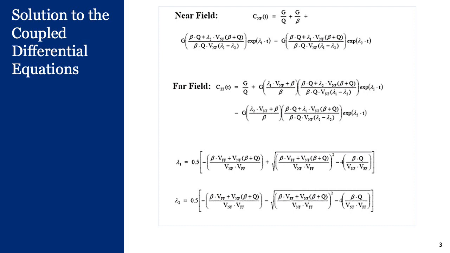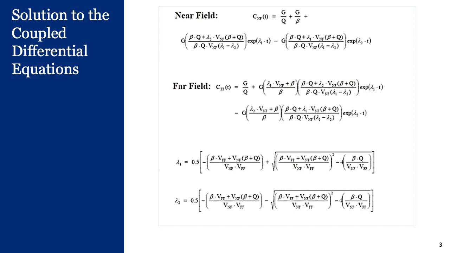Both of these terms are G times a big constant term times an exponential term. And the exponent in both of these is a function of these constants lambda 1 and lambda 2. And the expressions for lambda 1 and lambda 2 are given at the bottom of this slide.